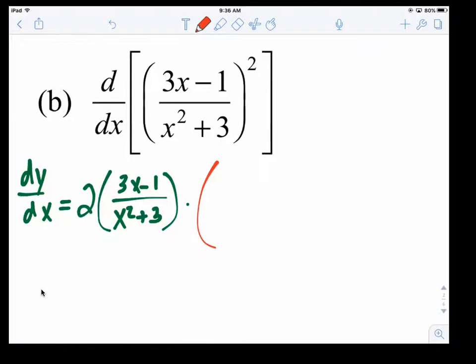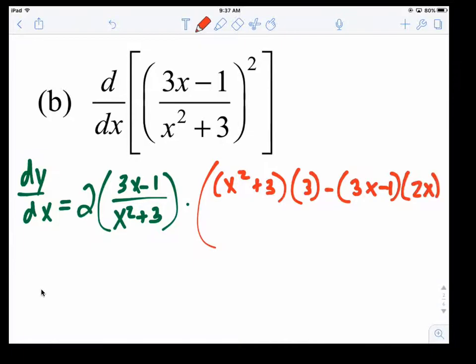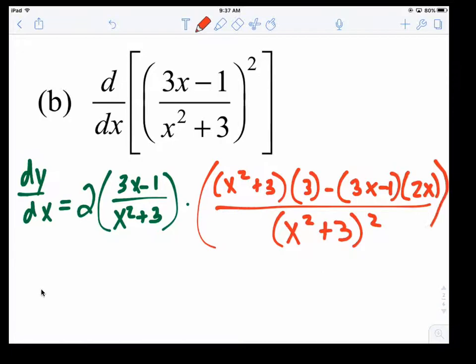So low d high, so that would be x squared plus 3 times 3 minus high d low, so 3x minus 1, 2x, all over low squared, so x squared plus 3 squared.